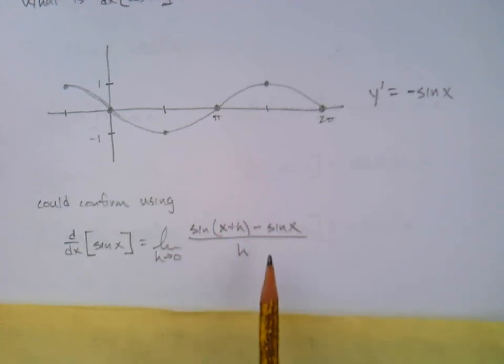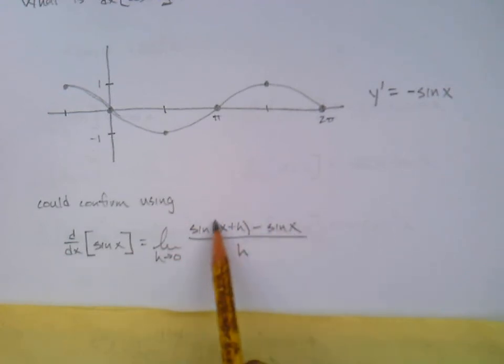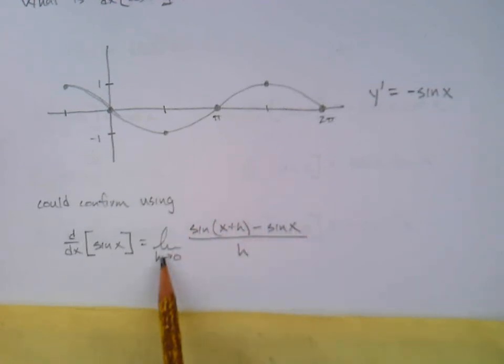We could do it this way and arrive at the derivative of sine x being cosine x. We would need some trig identities to help us out with that numerator. I'm not going to do it, but it certainly can be done. If you'd like to know how this is done formally, I'm sure Google has an answer, or somebody's got a YouTube video on it or something.